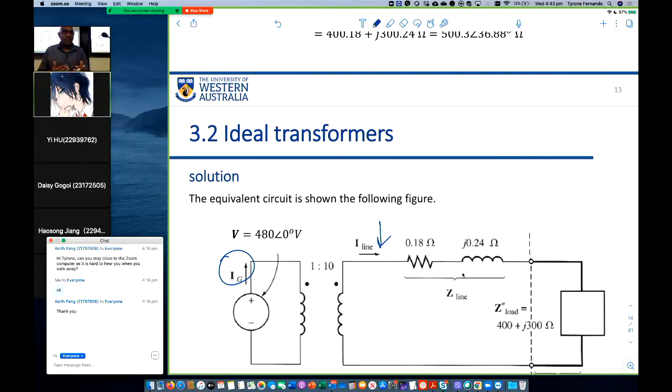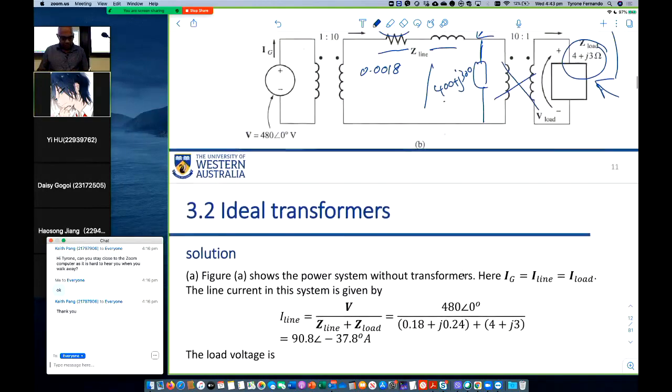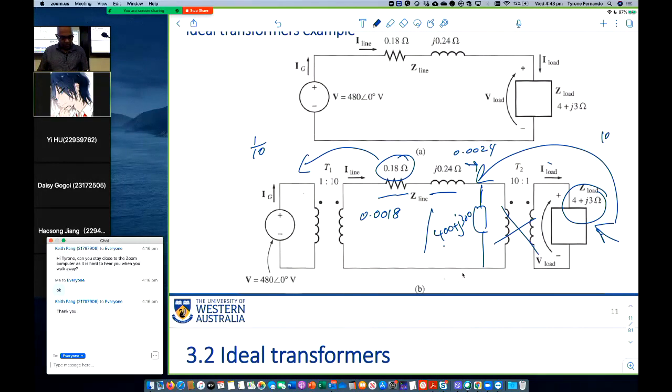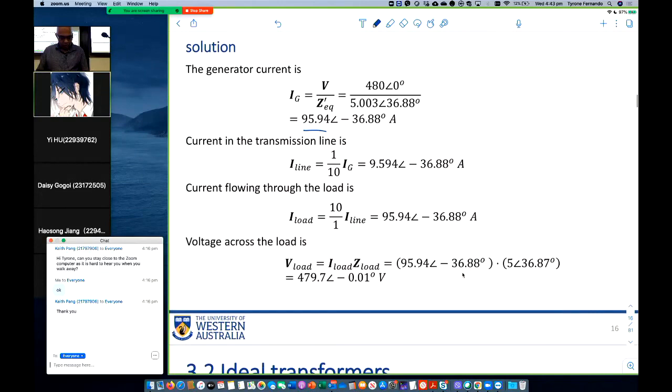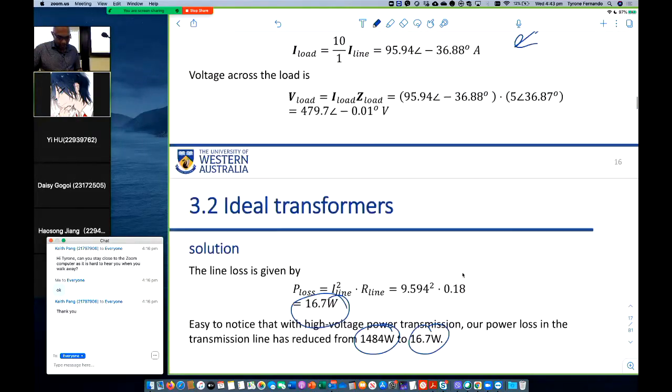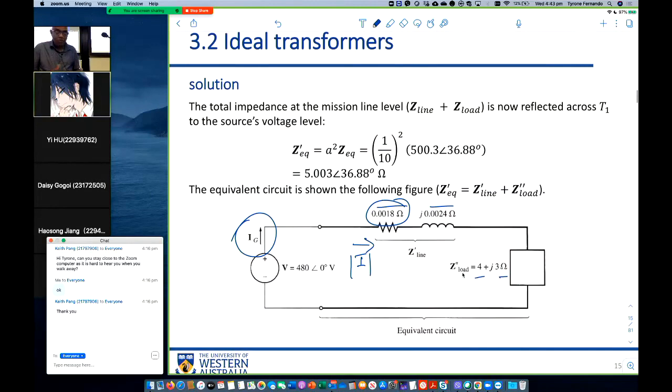Because you know I1 on I2 is equal to N2 on N1, right? Once you know this current, and you want to find out what that other current is, again you use that formula to calculate it. And that's what we are doing down here. The current that you calculate in this circuit is the generator current, because you keep reflecting from the secondary to the primary.